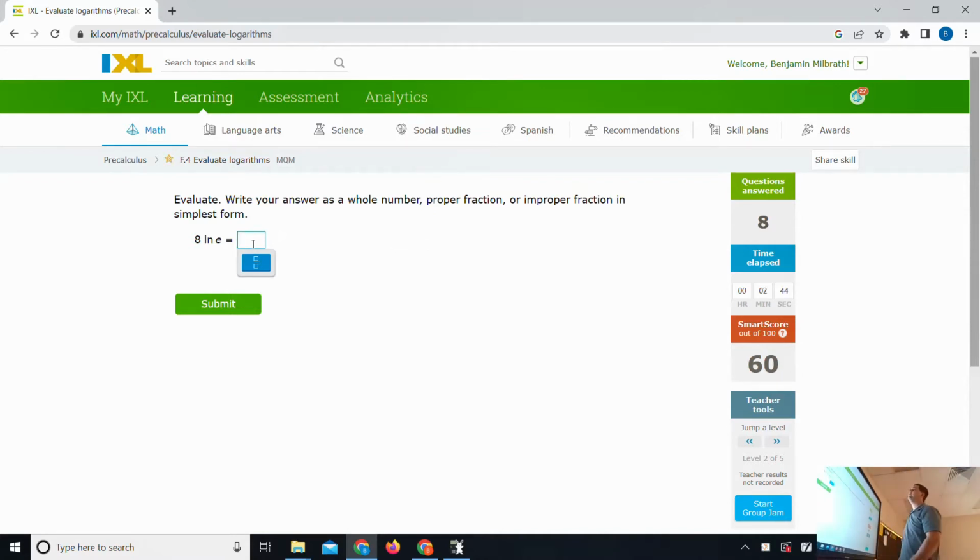What power? Ooh, what do we got here? 8 natural log of e is what? So somewhere out in the rules of logarithms, you have this one. I don't know how your teachers have taught you. A logarithm, base b, argument a, to the r can be rewritten as r times the logarithm base b, argument a.